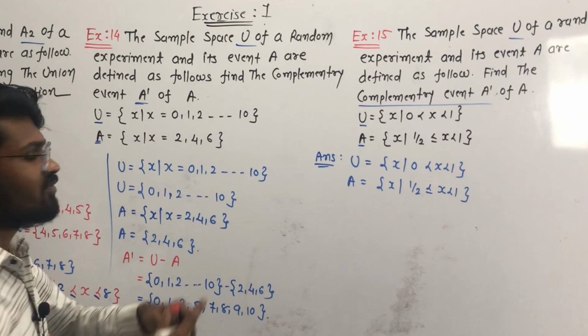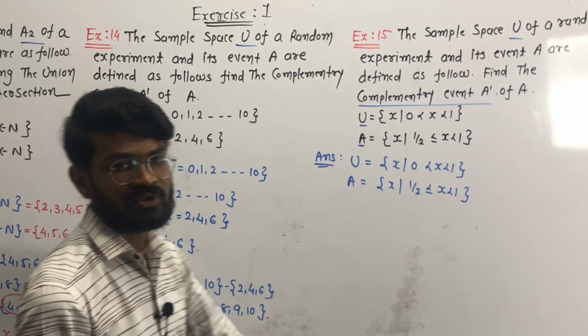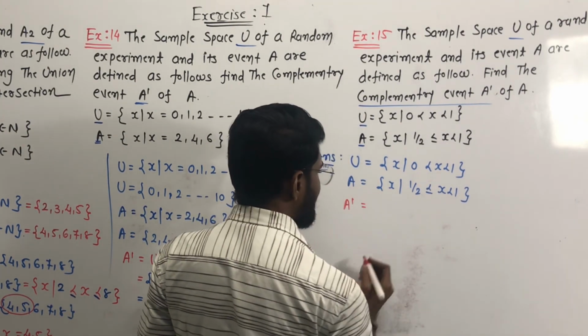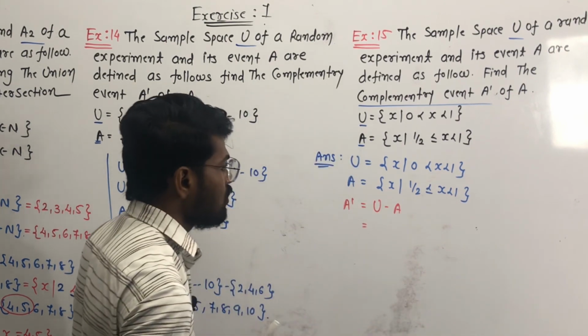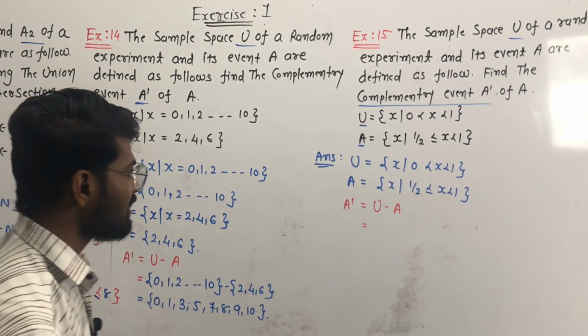Yes, in this example we also have to find the complement of event A, and the complement of event A is A dash, and A dash is equal to U minus A. Okay, how can we find it?